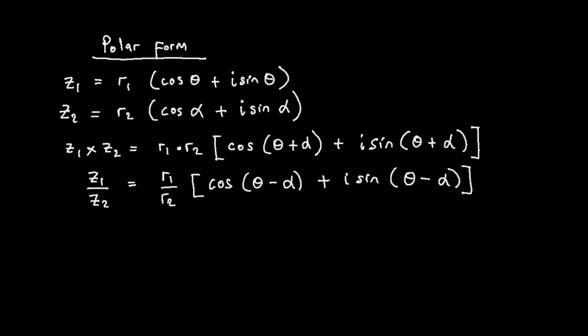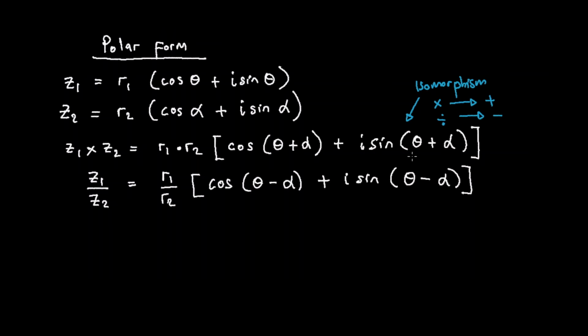So here we apply a principle in mathematics called isomorphism, which simply says that multiplication corresponds to addition, and division corresponds to subtraction. That is what we are seeing here.